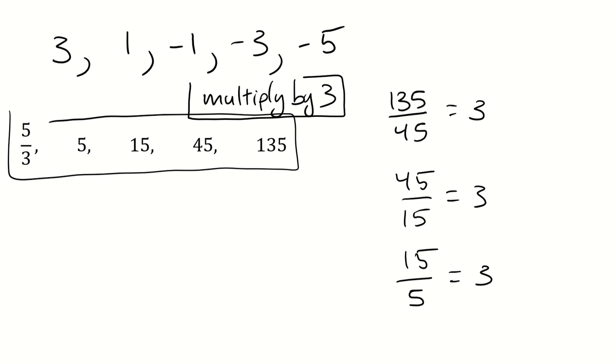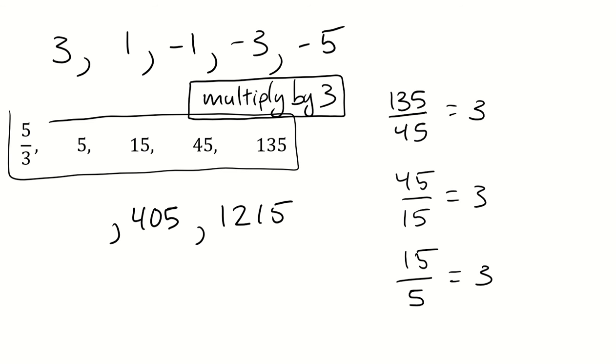I could put 5/3 in my calculator, 5 divided by 3, and then go times 3. I can see it hits 5, and then 15, and then 45, and then 135. If I was asked what the next two terms in the sequence are, the next term after 135 would be 405, and the term after that would be 1215. So that sequence involves multiplying by 3 each time.